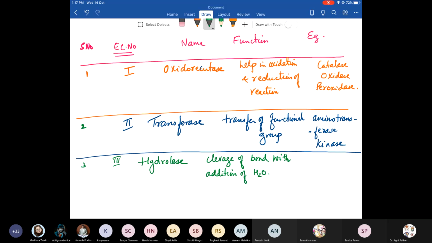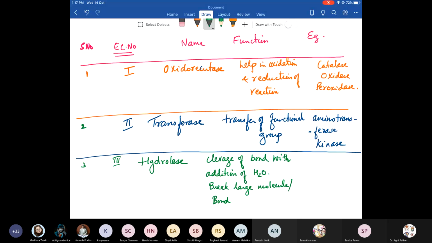Breaks large molecule to small molecule, means it breaks a large molecule or a bond. They break bond or molecule with addition of water molecule, such as protease.